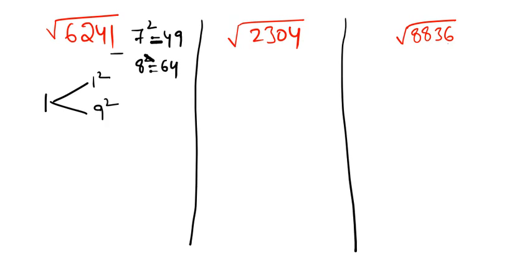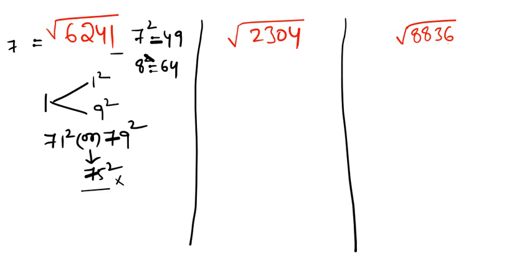It may be 71 or 79. So what is the exact value? In between we have 75 square. 75 square will be very easy, but in this case we don't need to find 75 square. Directly we can say that root of 6241 equals 79.